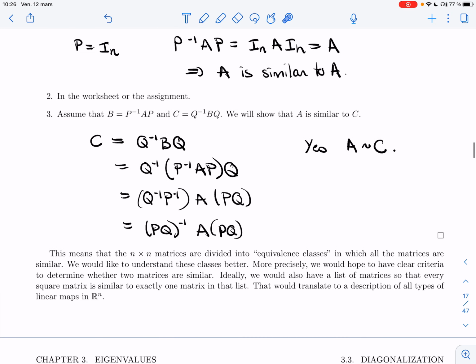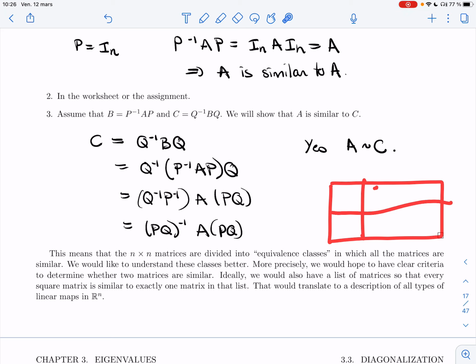All right, so the reason why an equivalence relation is so important is they divide your set. So in this case, it divides the set of all n by n matrices into what are called equivalence classes. So this means that the n by n matrices are divided into equivalence classes in which all the matrices are similar. So every matrix similar to 1, 2, 0, 0 would be here.